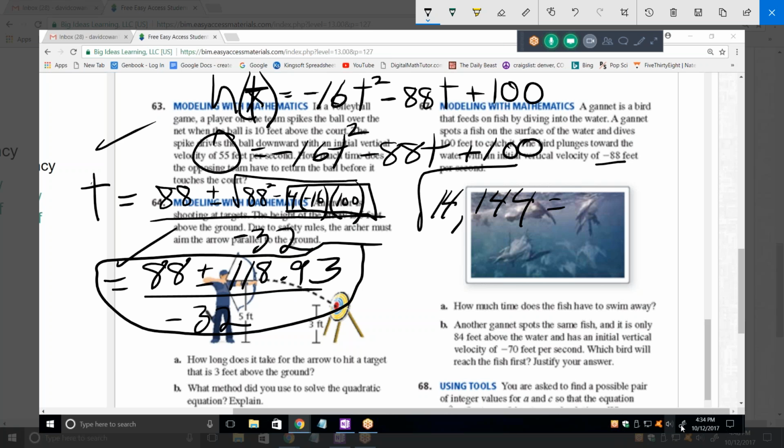You can notice that the positive sign is not the one we want. That's going to give us a negative answer. Let's just do the negative sign. Let's cover up the positive sign and do just the negative sign. What do you get? You get minus 30.93 divided by minus 32. There's your answer.